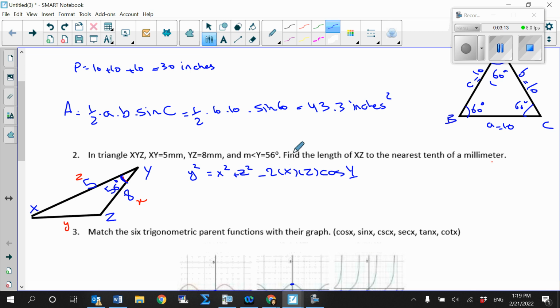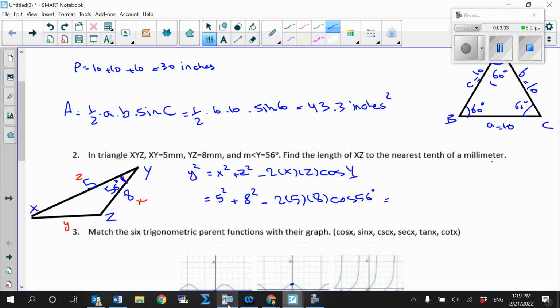So this is the law of cosines. Now I'm going to replace what I have. x was 5 squared plus z was 8 squared minus 2 times 5 times 8 times cosine of 56 degrees.